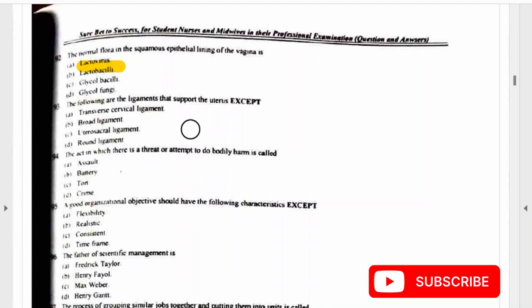So I don't know why they want me to negate only one. Seriously, this question 93 is giving me a tough time. So I think I will just leave it, but I feel like all of them are uterine support. But please, if you know the answer, communicate it to us. Alright? Communicate it to us.